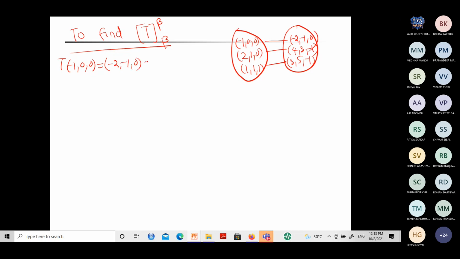And that has to be represented again as a linear combination of these three elements itself, right? Because that's also beta.